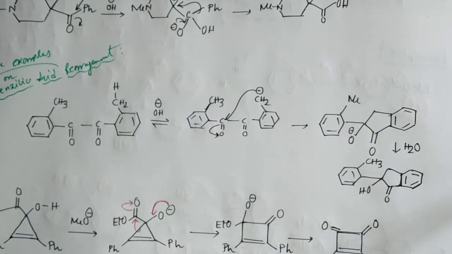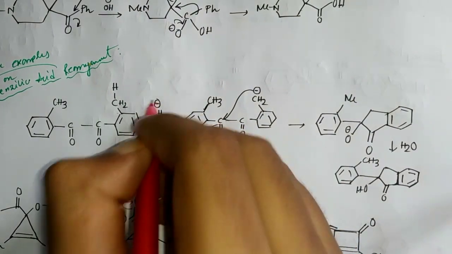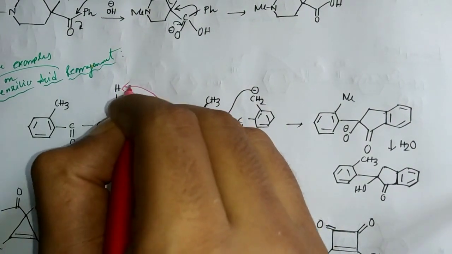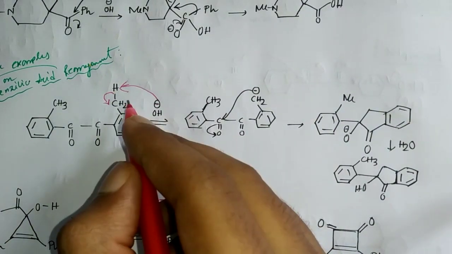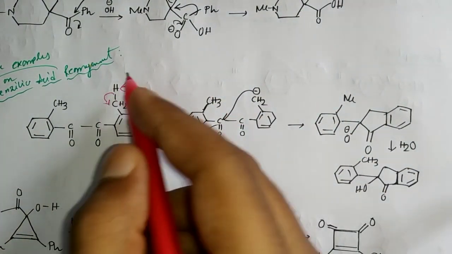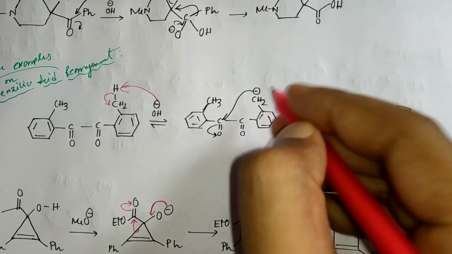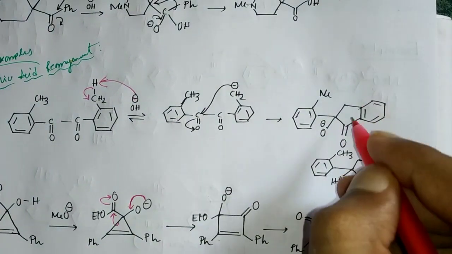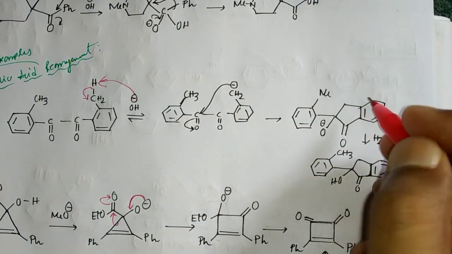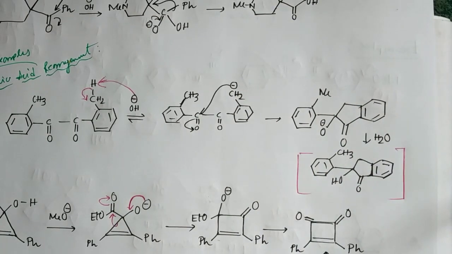If you use OH minus, it will selectively take a proton from here, because it is comparatively more acidic. It takes a proton from this CH3 unit and generates CH2 minus, and this CH2 minus directly attacks this carbonyl carbon, and you get this 5-membered intermediate, and the final product like this after hydrolysis.